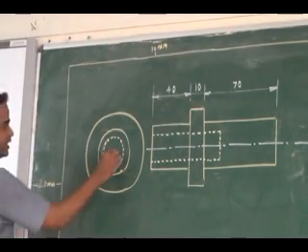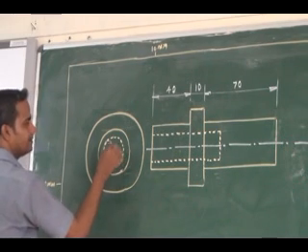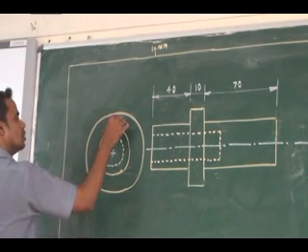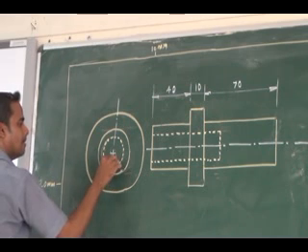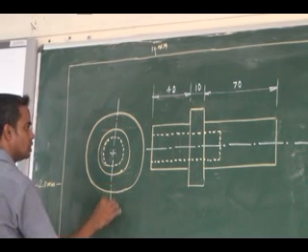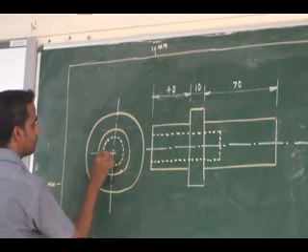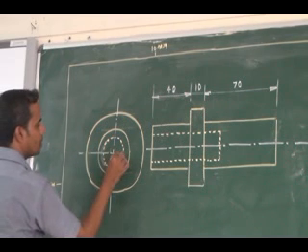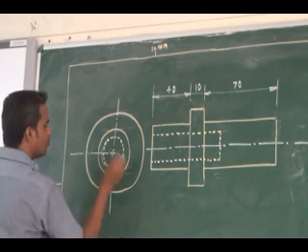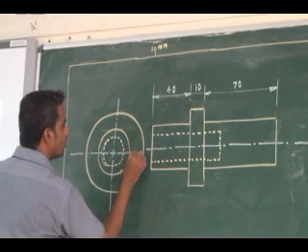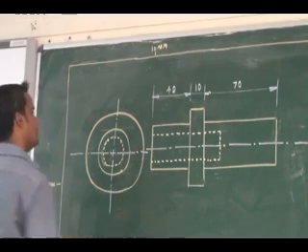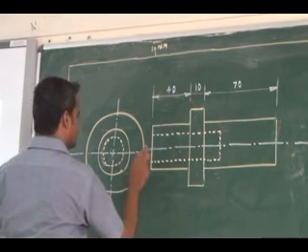Similarly, for a circle, I can show the center line: long line, short line, long line, short line. Match with this.